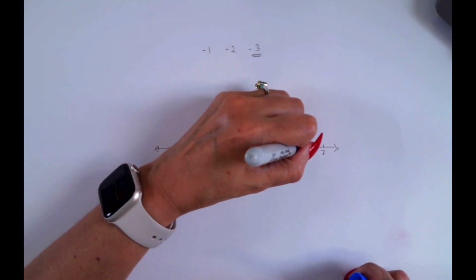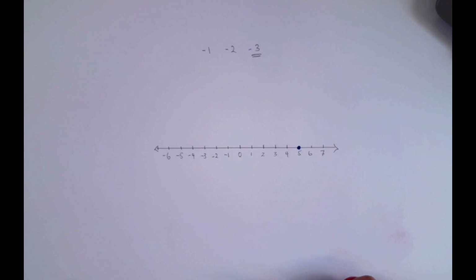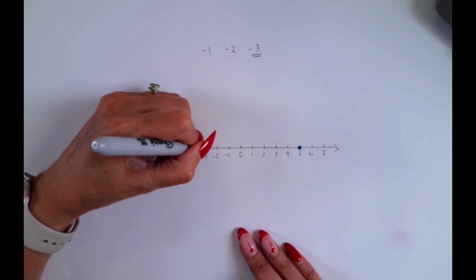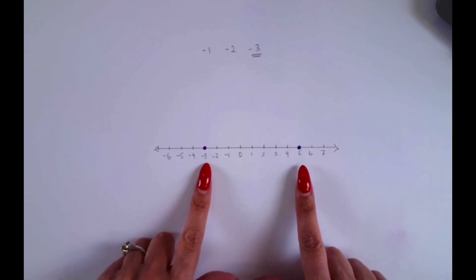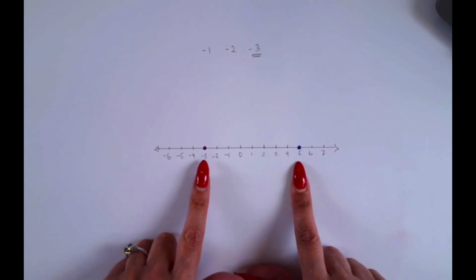I'm going to locate my 5 on my number line, and then I want them to locate -3 on their number line. So right there. Just get them to practice drawing the number line first and then locating where those different values are. You can see that -3 is smaller than 5, smaller in value.